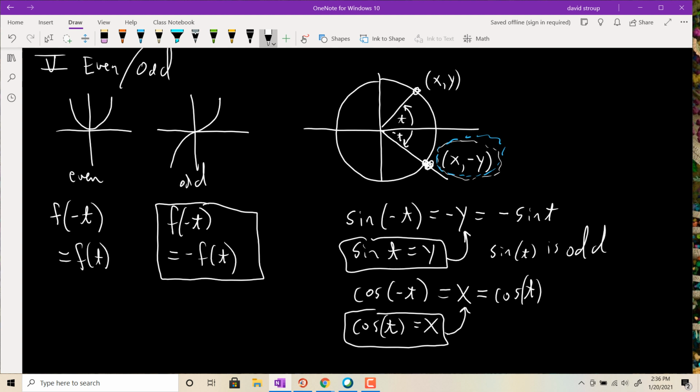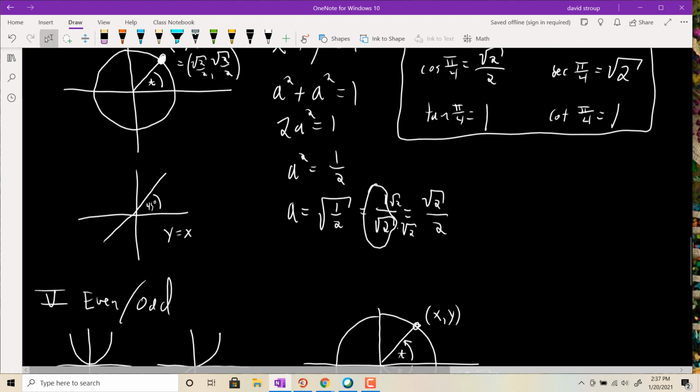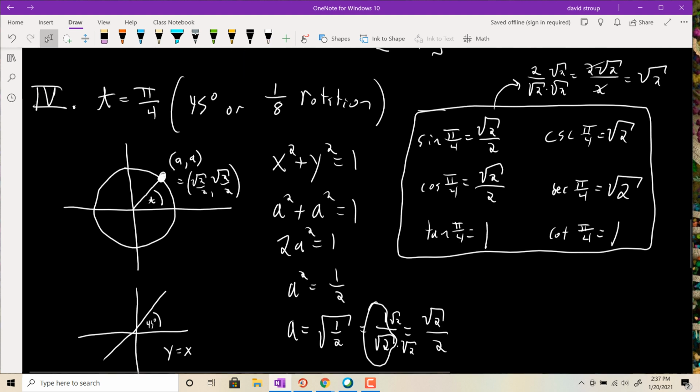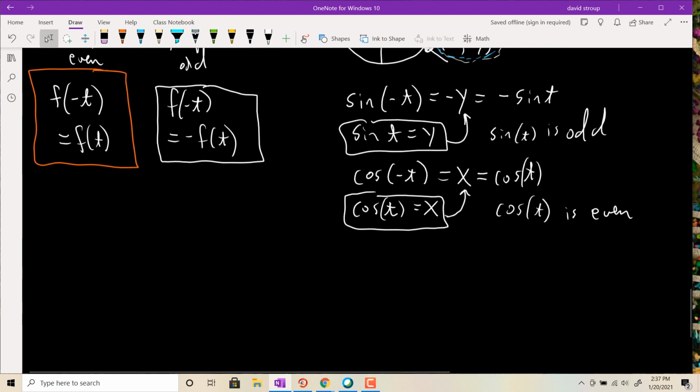So we have cosine of negative t is equal to positive cosine of t, which on the left there is the even relationship. So it turns out that cosine is even. And then we can use this relationship to figure out the trig functions of more and more angles.